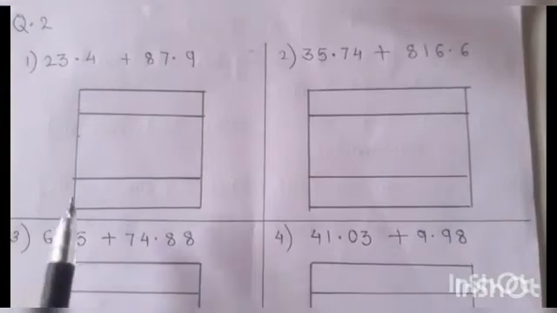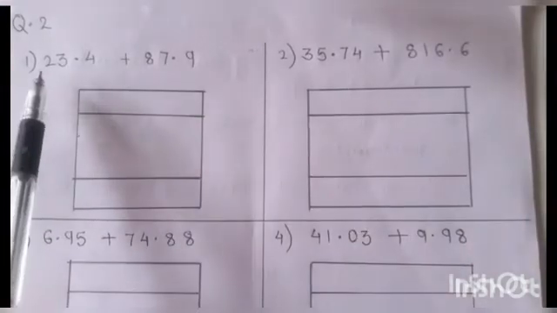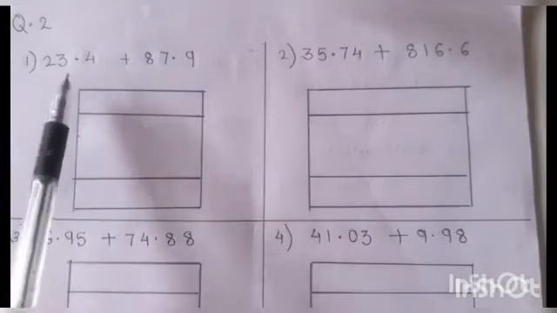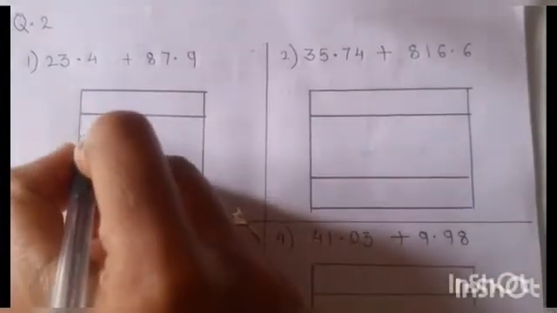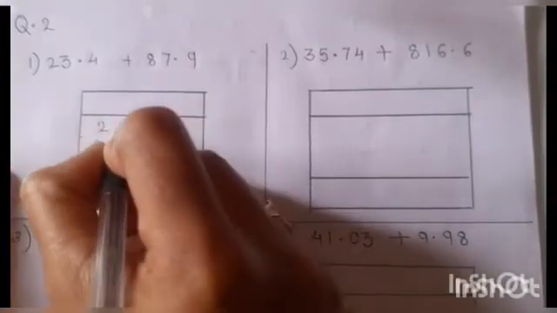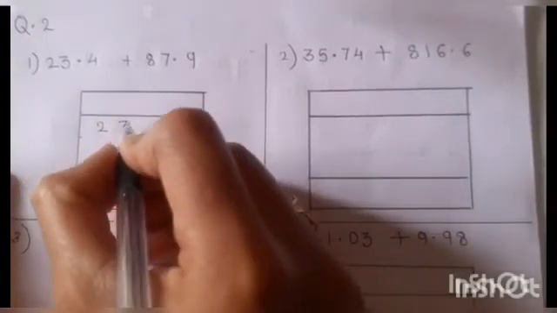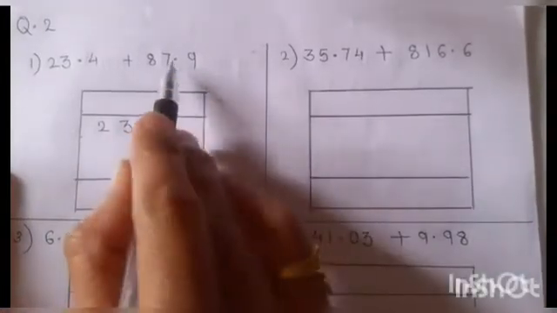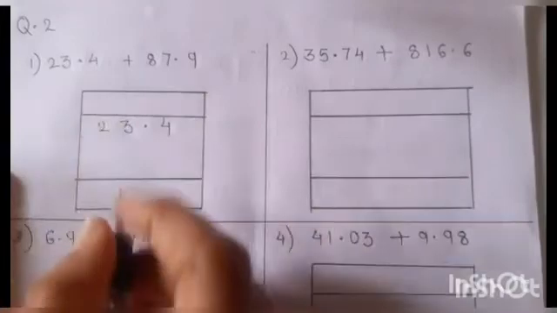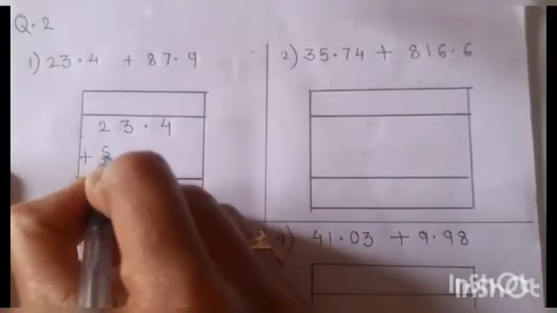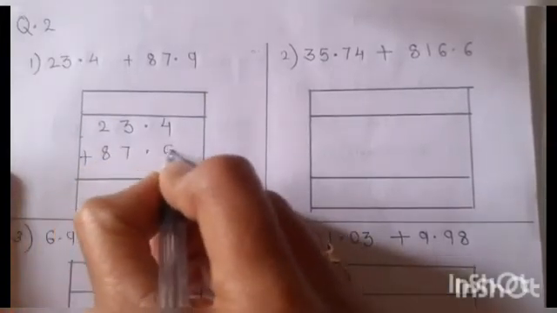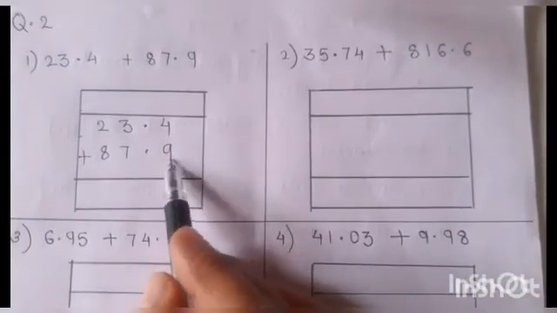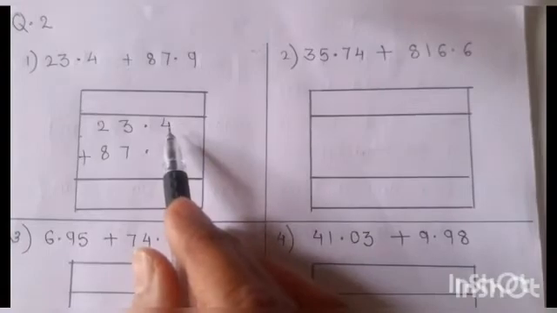Now, what is given in the second question? We have to add 23.4 plus 87.9. Now keep point under point. 23.4, then 87.9. Now do the simple addition. 9 plus 4, 13.